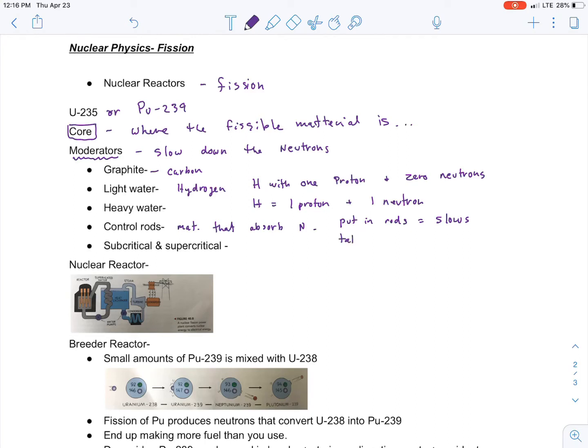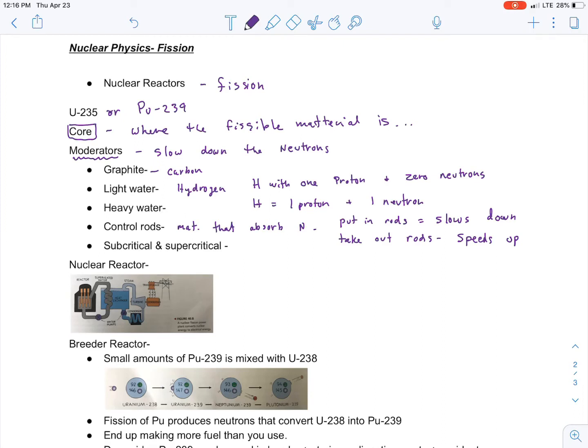If they take them out, it speeds it up. And so they can slow down or speed up the reaction just by putting more of these rods in or taking more rods out of the material. And it's just absorbing the neutrons so you can control the level.